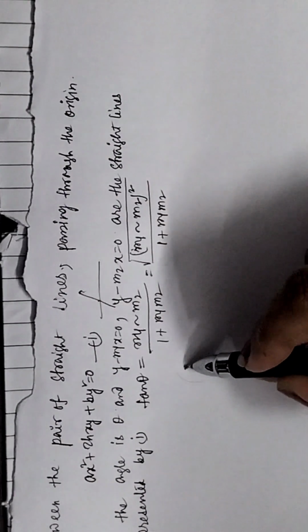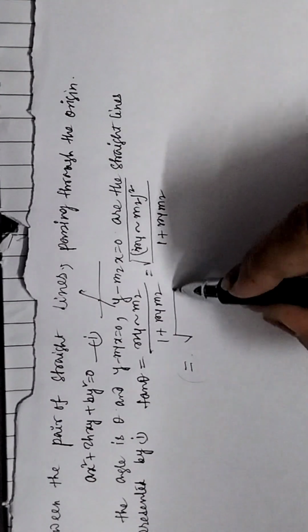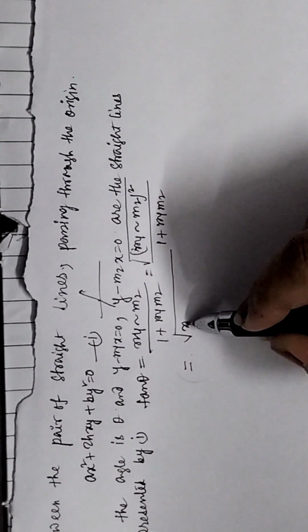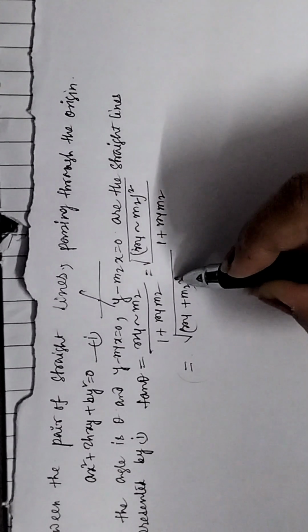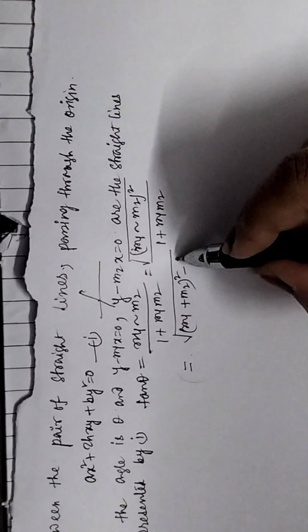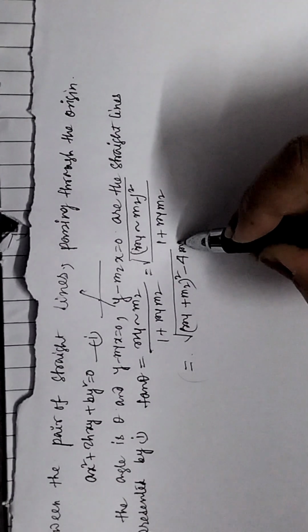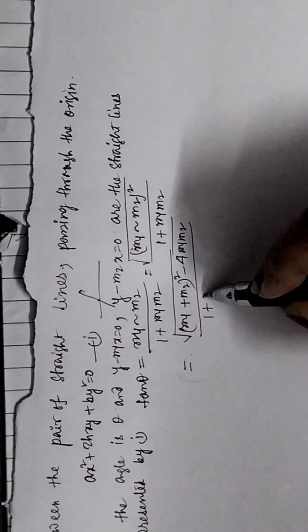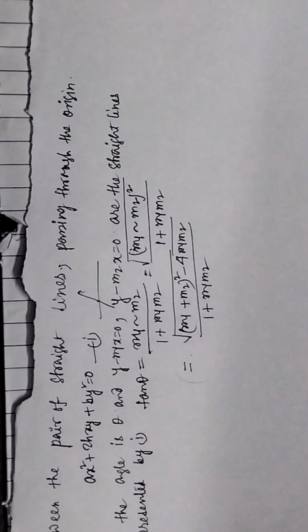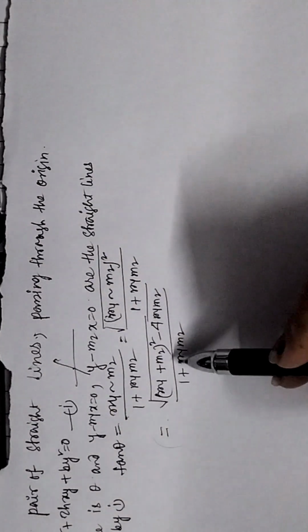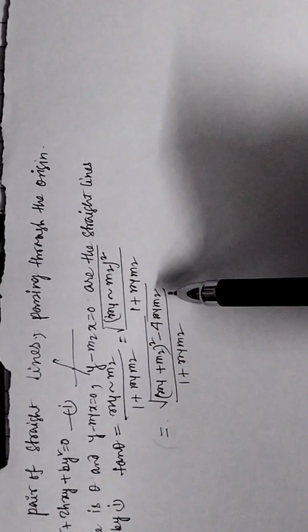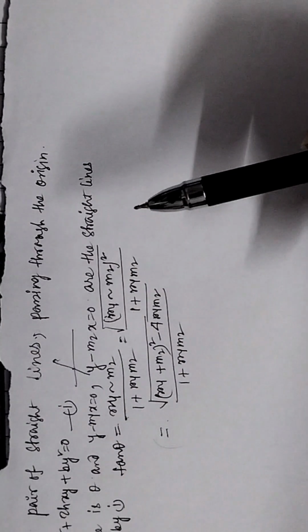So now this can be written as, within root sign, m1 plus m2 square minus 4 m1 m2 by 1 plus m1 m2. Now from the previous part we have known that this m1 plus m2 is equals to minus 2h by b, and m1 into m2 equals to a by b, right?